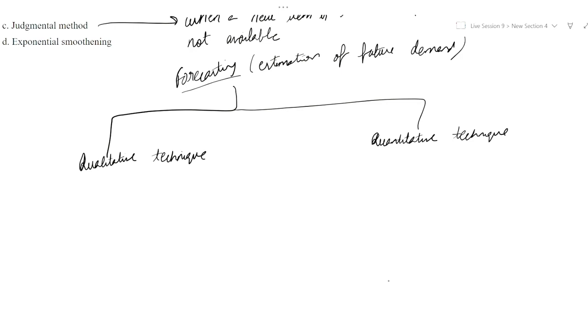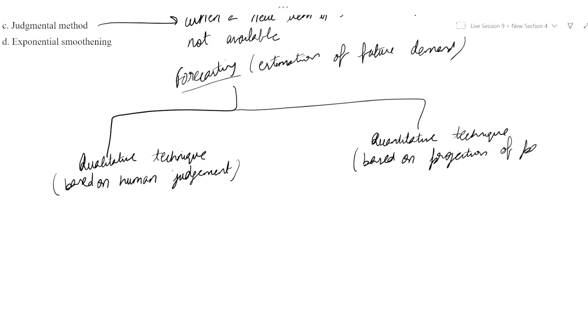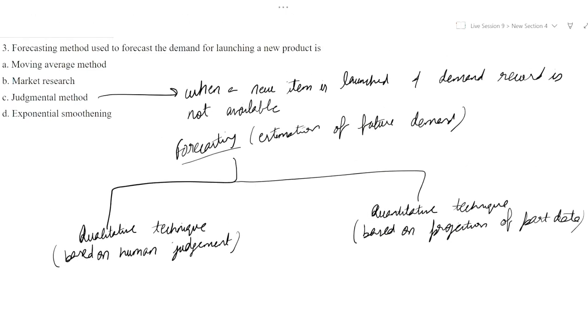The qualitative technique is based on human judgment, and the quantitative one is based on projection of past data. So, when a new item is launched and a demand record is not available, we use the judgmental method.